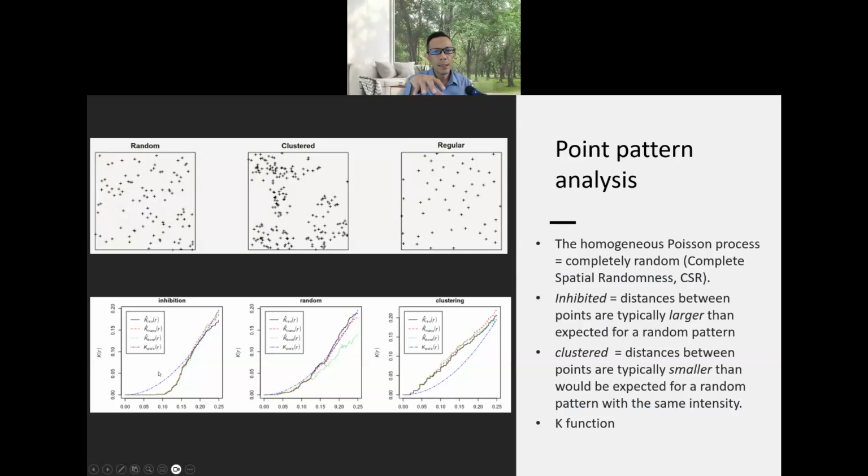If the disease is less clustered, it means it's further apart, which in most situations won't happen. It's either random or clustered. Inhibition is rare, it's more rare to happen. So the K function will lie below the blue line.